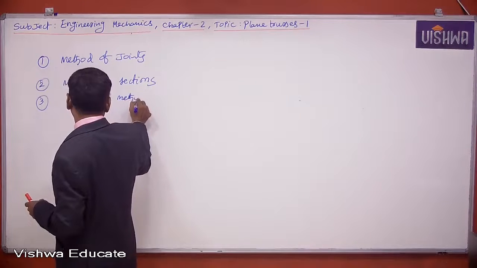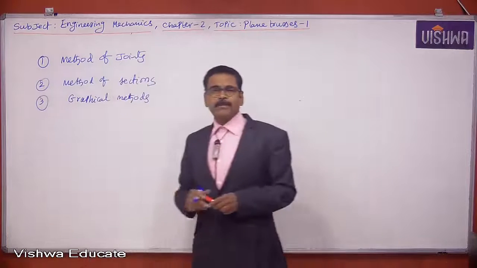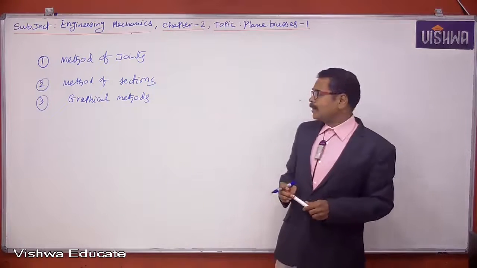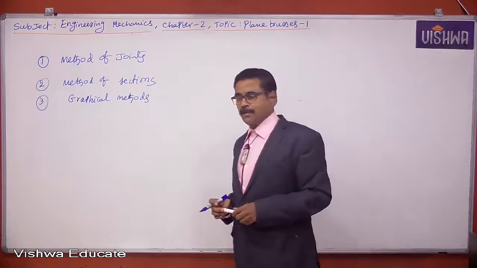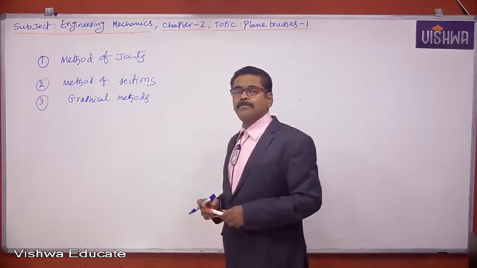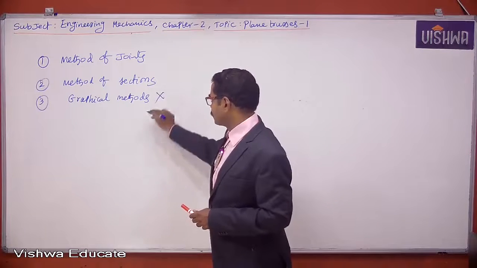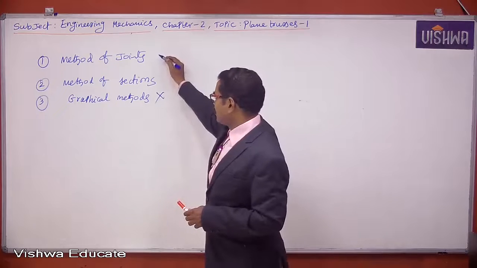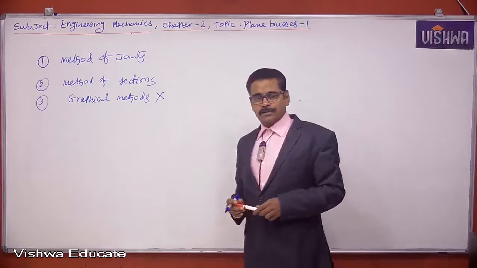One by one we will study. Of course, in the GATE exam we never use any form of graphical method. We are going to use only method of joints and method of sections.